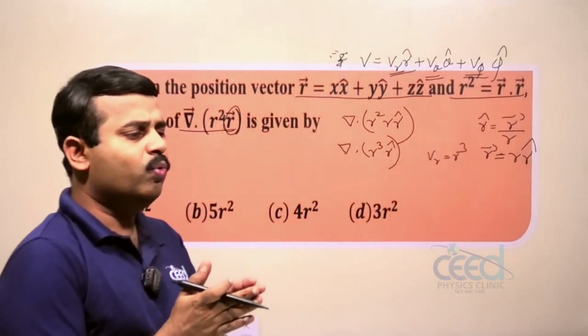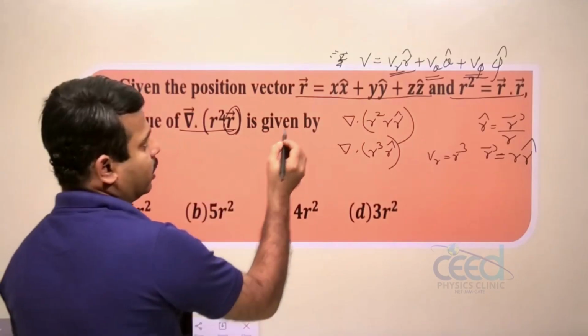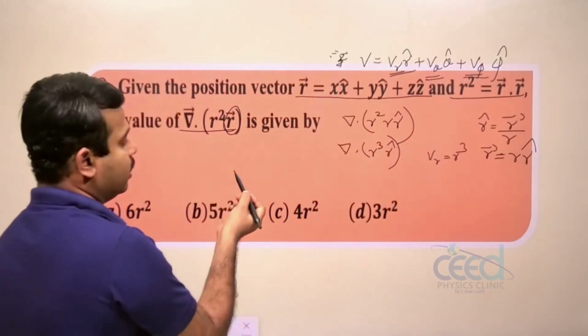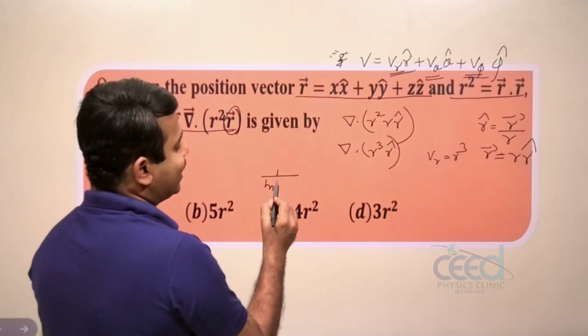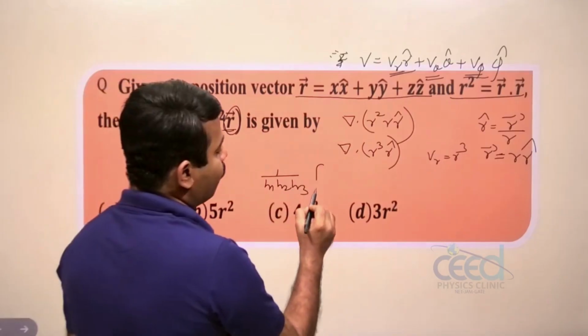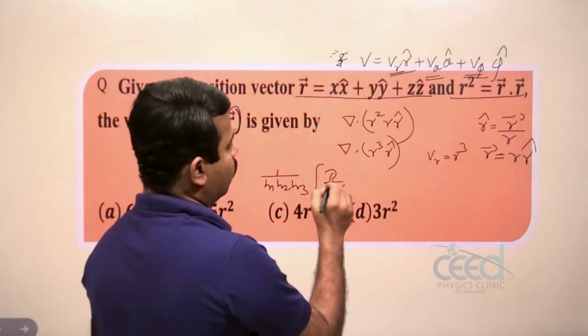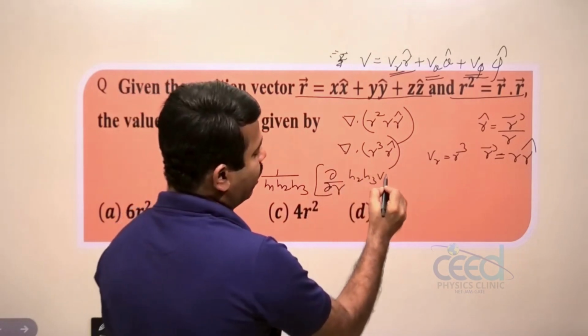Now how do we find divergence? Suppose this is in the spherical polar coordinate system. Then divergence is 1 by h1 h2 h3 dou by dou r of h2 h3 vr.